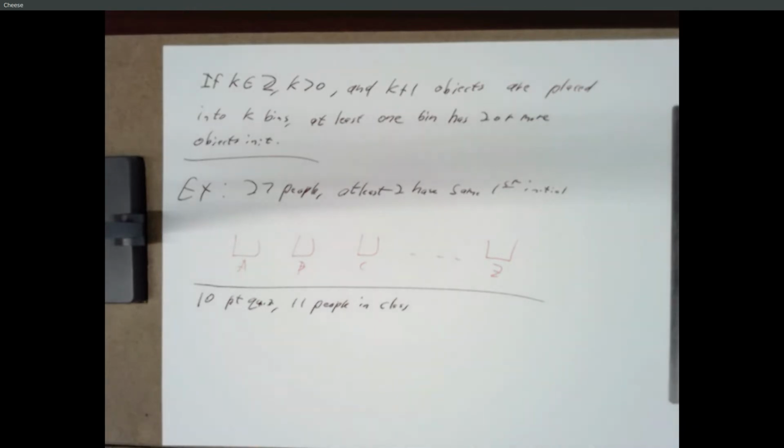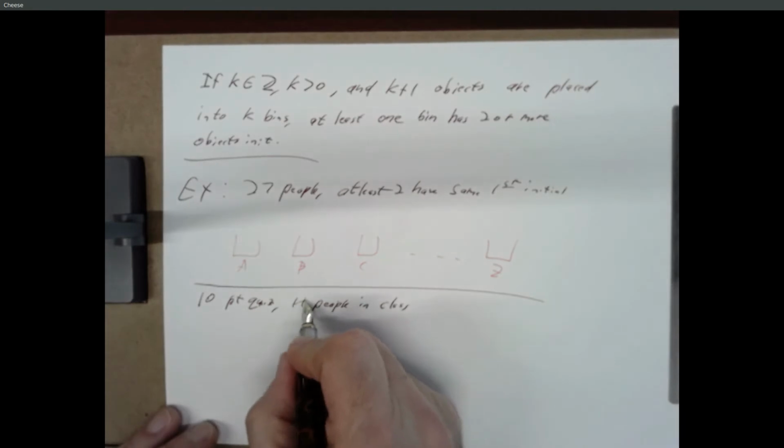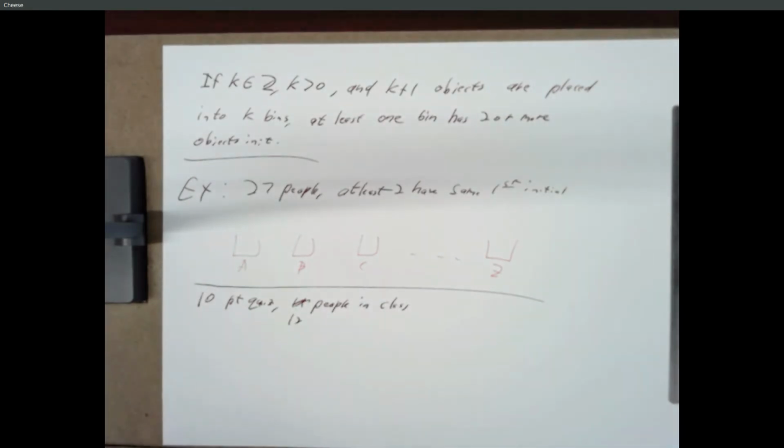So if you have 11 possible grades and you have 11 people in the class, it's possible that everybody could get a different grade from everybody else. But if you have 12 people in the class, you're guaranteed at least 2 people got the same grade. How? Use the pigeonhole principle. Make 11 bins. Place each person in a bin based on the grade they got. You've got 12 objects going into 11 bins. You're guaranteed at least one bin has at least 2 objects. And whatever grade corresponds to that, you know at least 2 people got that grade.